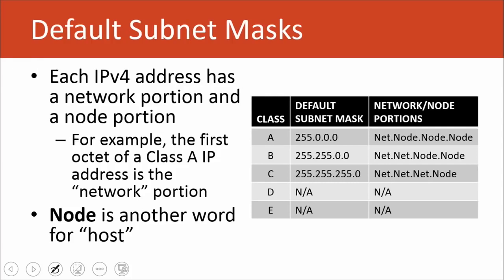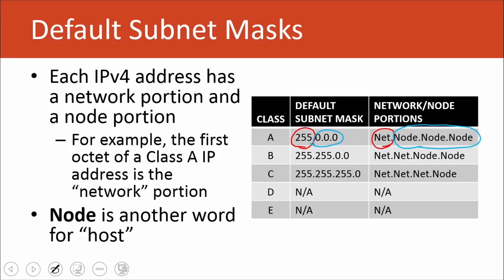All right, so with Class A addresses, the default subnet mask is 255.0.0.0. And so what that means is that if you have 255, that portion belongs to the network. In contrast, if you have zeros, then that portion belongs to the hosts, right? So that helps uniquely identify a host or a node.